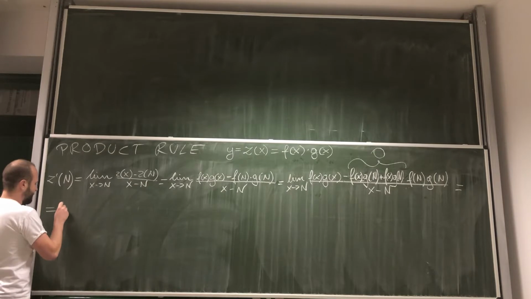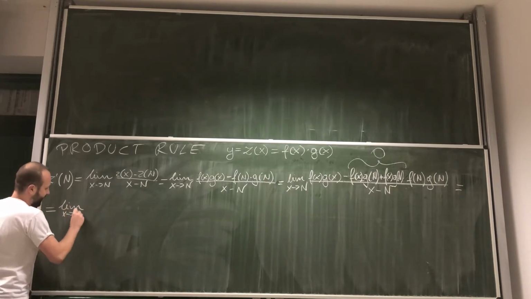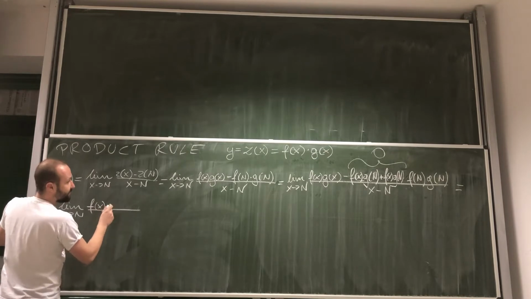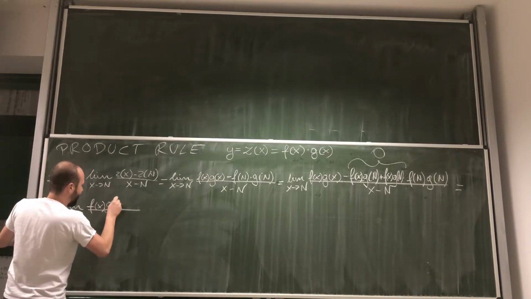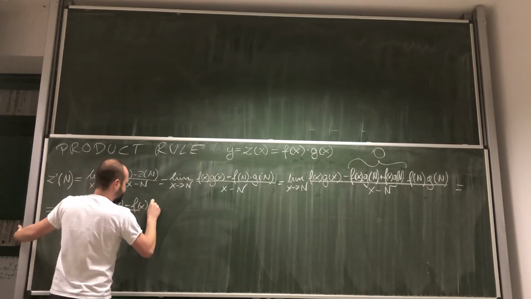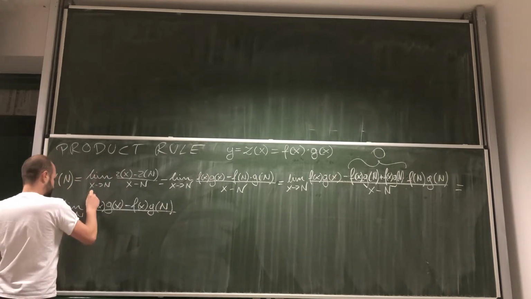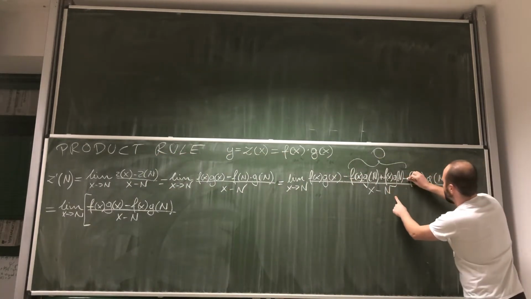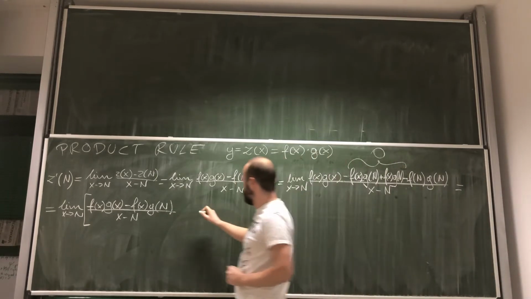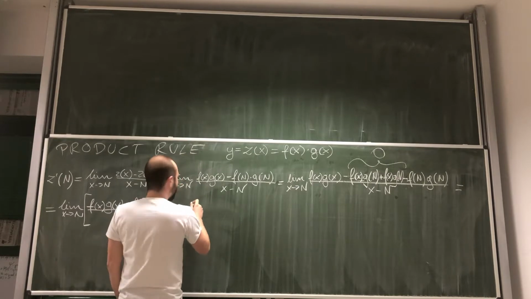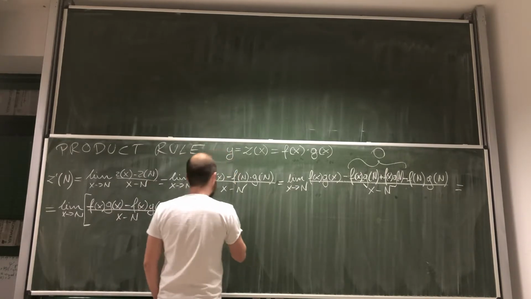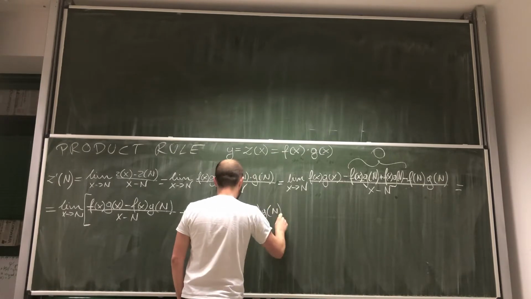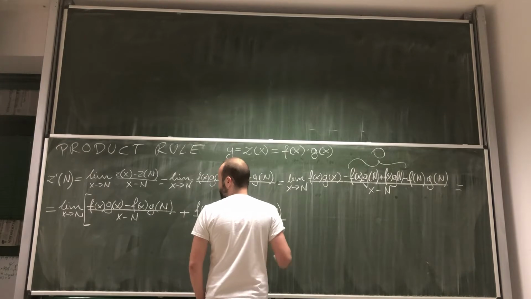So we will have that this is the limit with x approaching n of f of x times g of x minus f of x times g of n over x minus n, and over here we will have a separate fraction, plus f of x times g of n minus f of n times g of n, of course divided by x minus n.